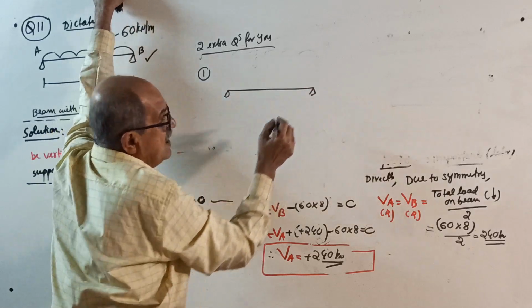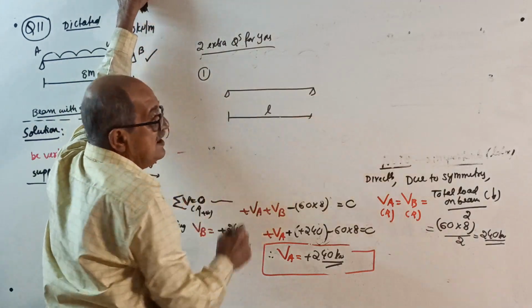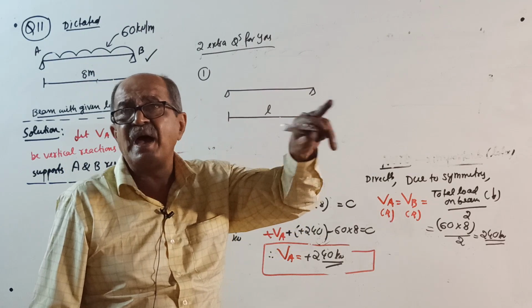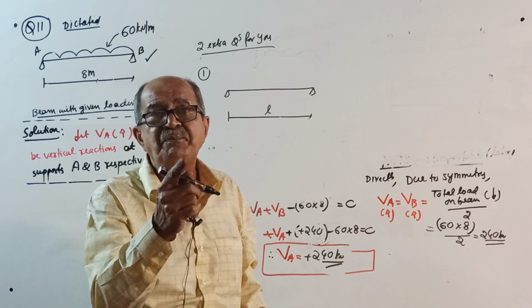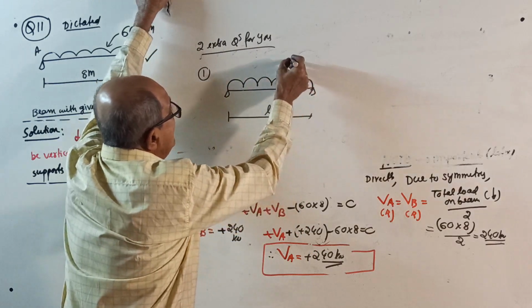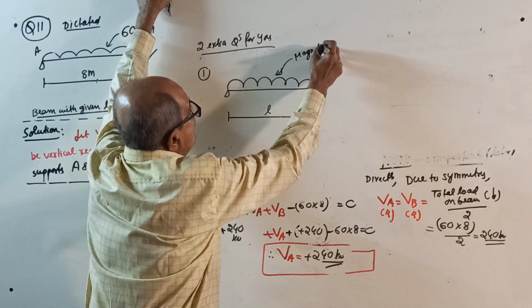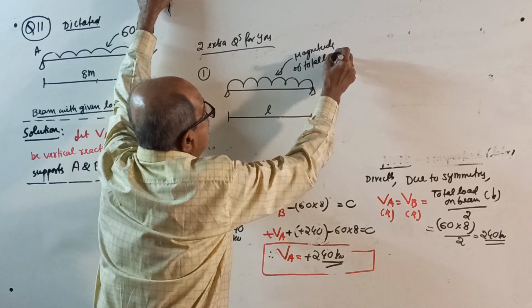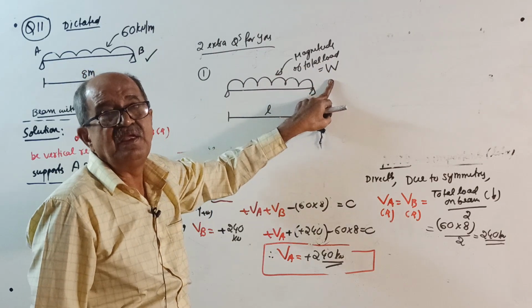A simply supported beam is of span L. It is subjected to an UDL over the entire span, and the magnitude of the total load is capital W. See, they told UDL over entire span, and they told the magnitude of total load on beam is W. So this is not intensity.